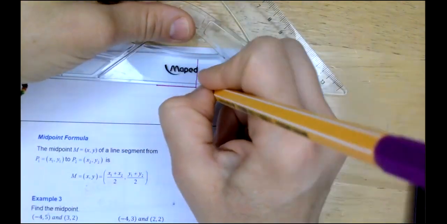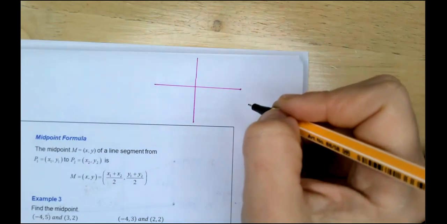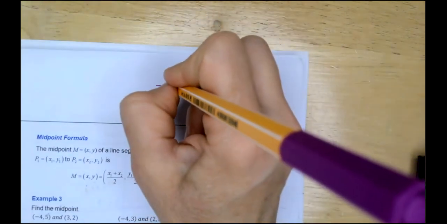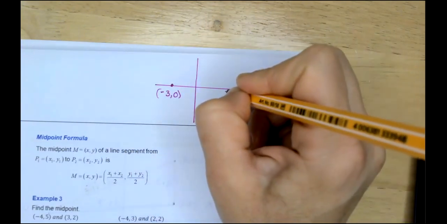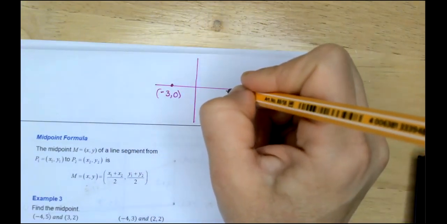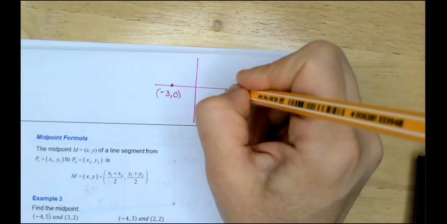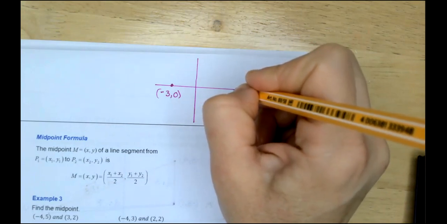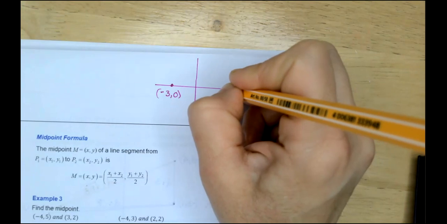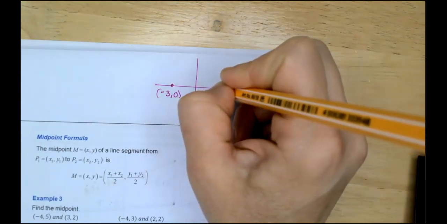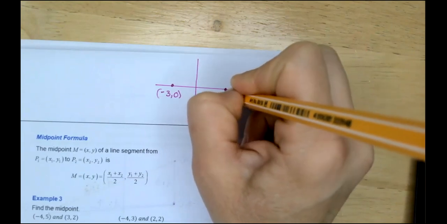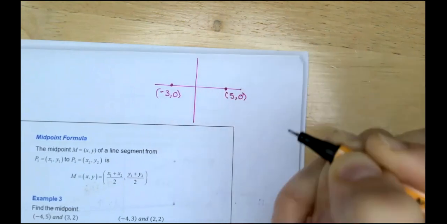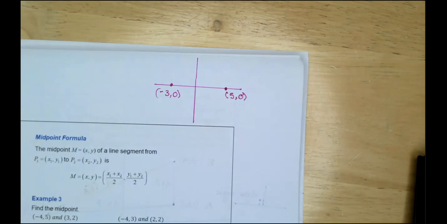For example, if this was the point -3, 0, and this was the point 5, 0. I didn't want to make it +3, that'd be too easy, right?